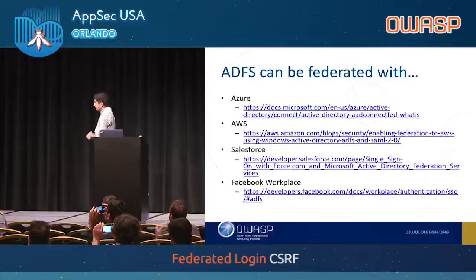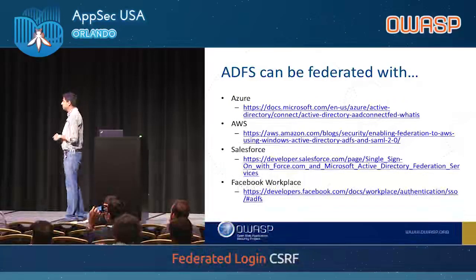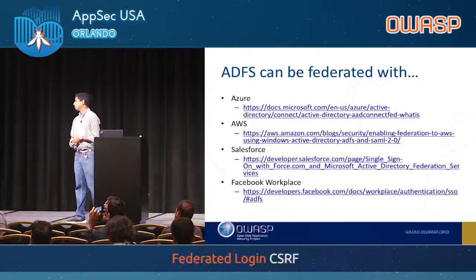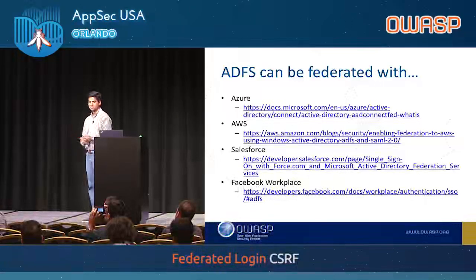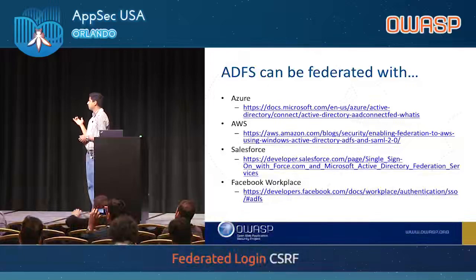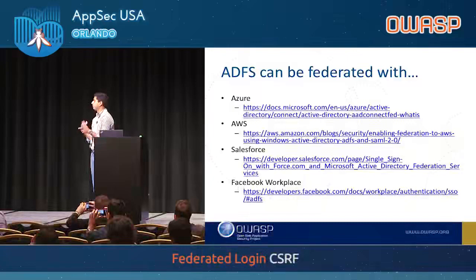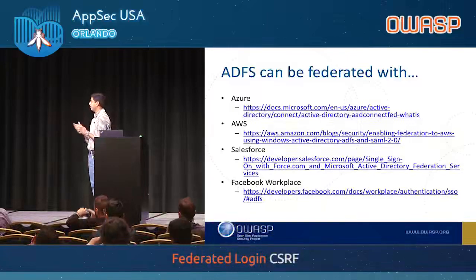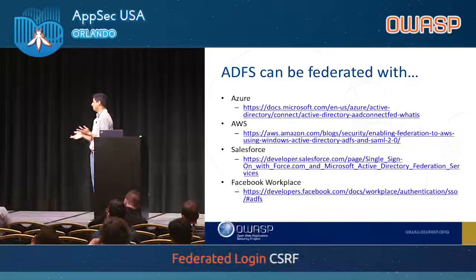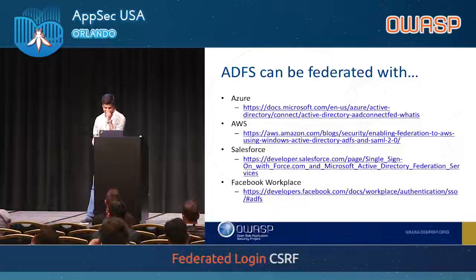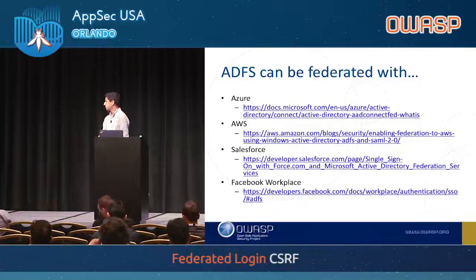So what can you do with ADFS? If you see the documentation of these online services, there is direct documentation specifically about connecting ADFS for federation with Azure or AWS or Salesforce or Facebook or Slack, which are very popular applications for these multi-tenant scenarios.